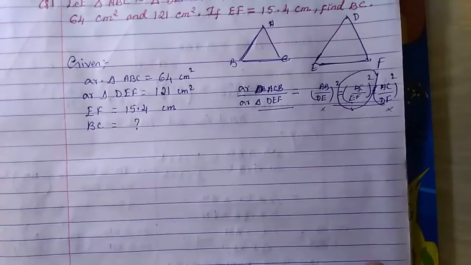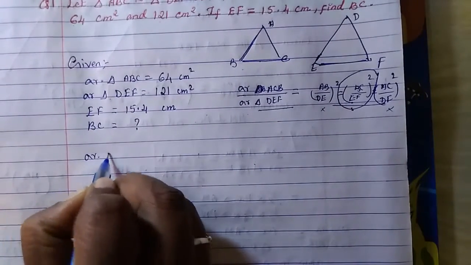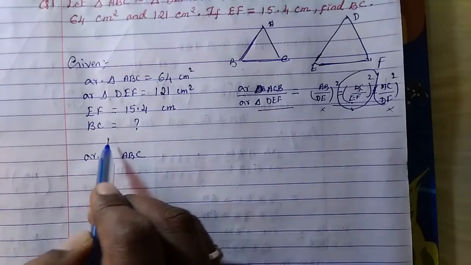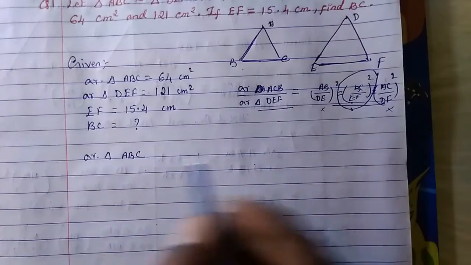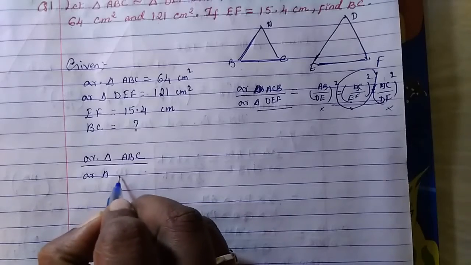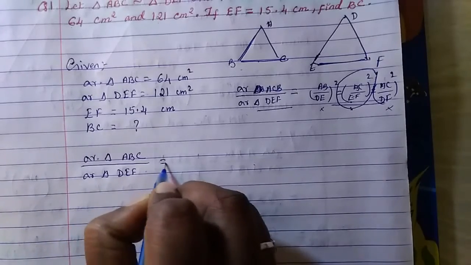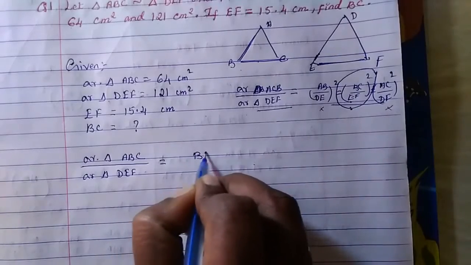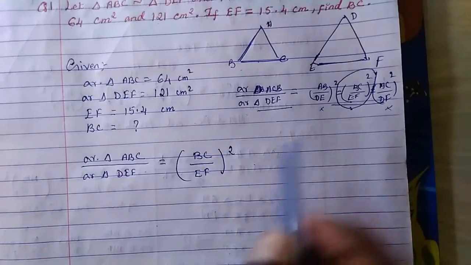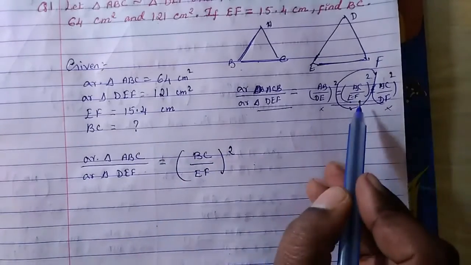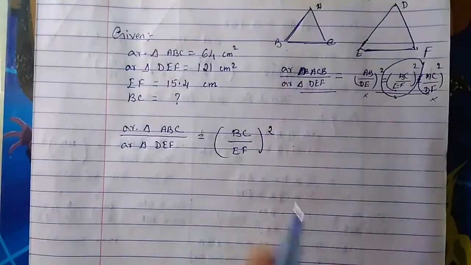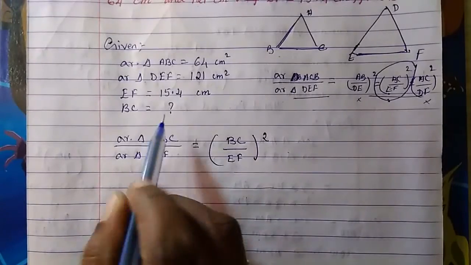Since all the other values are given, we have to find only this. So area of triangle ABC upon area of triangle DEF is equal to BC upon EF whole square. Since we are given only these values, we'll take only this. The other sides are of no use for us because they are asking us to find BC. Okay, so let's put the values.